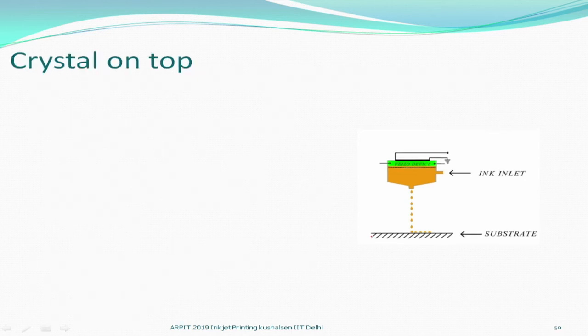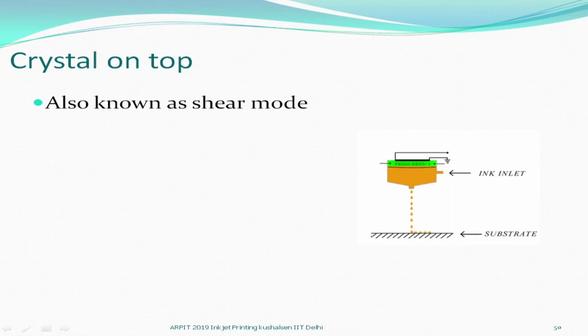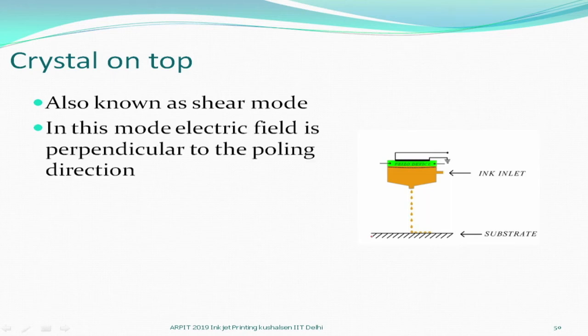There are many configurations people have been using. One of the configurations is the crystal on the top of the chamber. Remember, the chambers are also going to be very small. They are not very large chambers, but they are still called chambers. So, you have the piezoelectric crystal on the top. Sometimes this is also known as a shear mode. Why this?